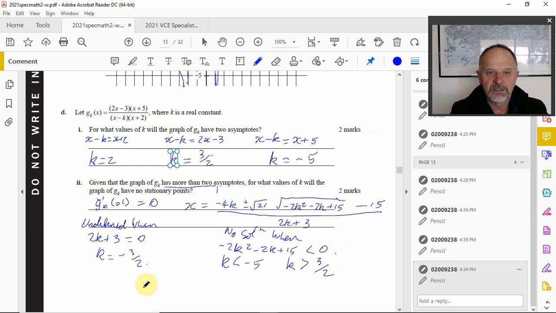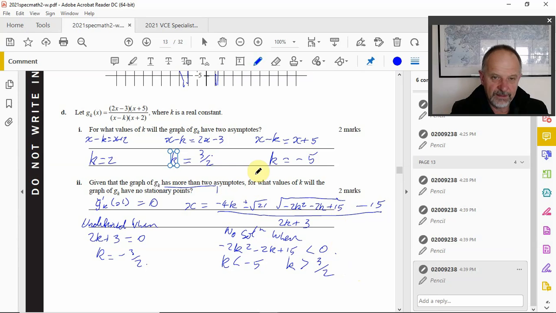Well, this expression tells us when we do have stationary points. So we've got no stationary points here when k is less than negative 5, and here when k is greater than 3/2.